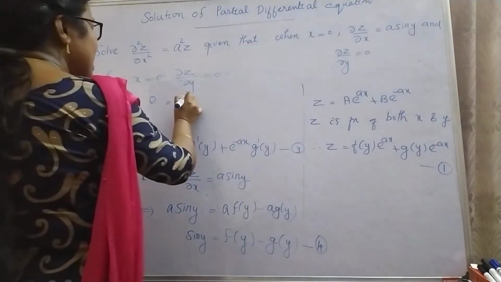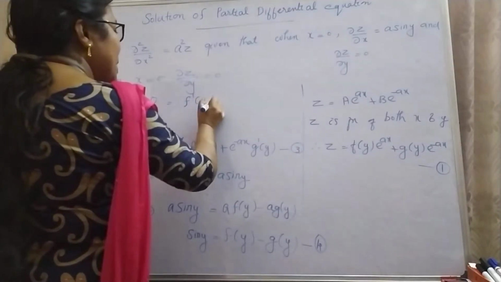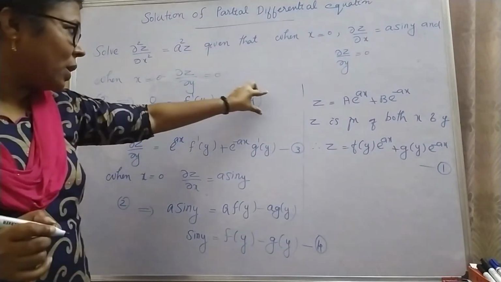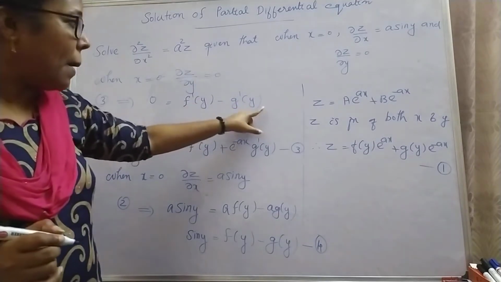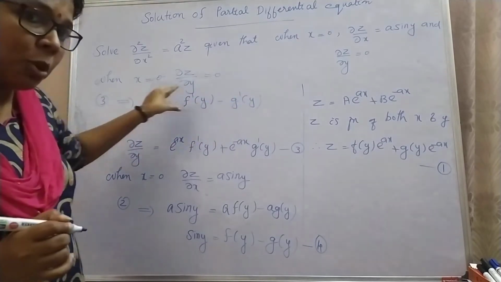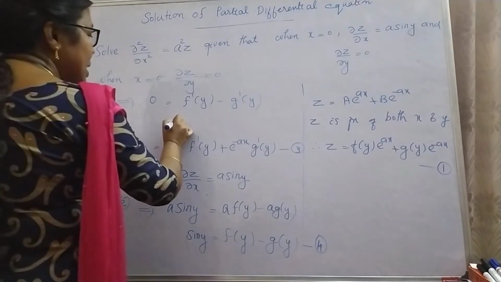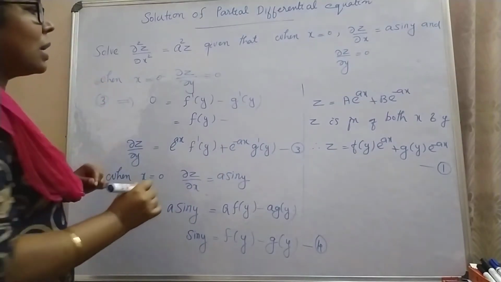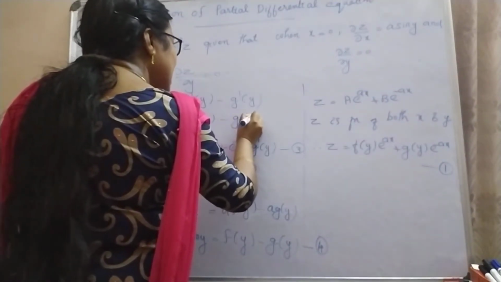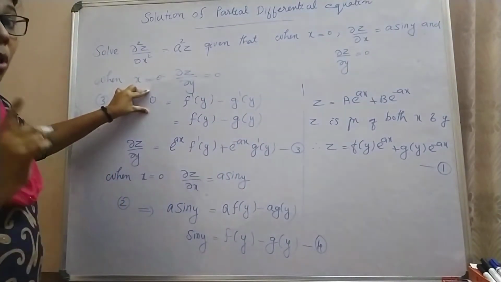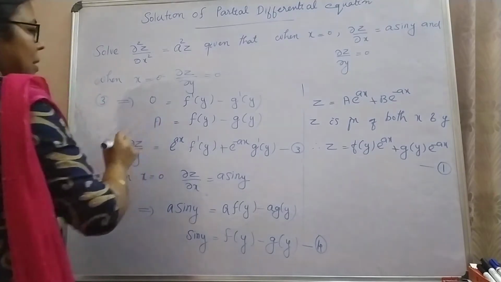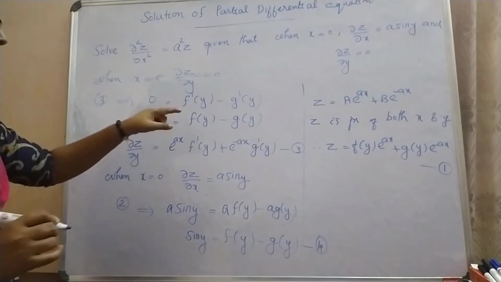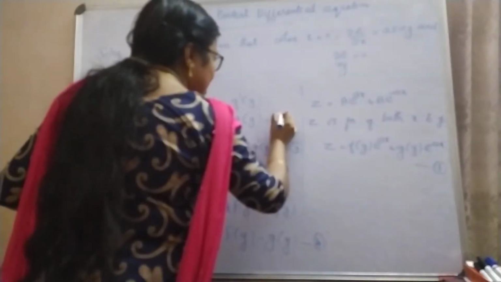Then f′(y) − g′(y). From this, we have to find f(y) − g(y). By integrating both sides with respect to y, we get the integral of f′(y) is f(y) minus the integral of g′(y) is g(y). The integral of 0 is a constant, it should be a. Therefore, we get f(y) − g(y) = a. Put it as equation number 5.